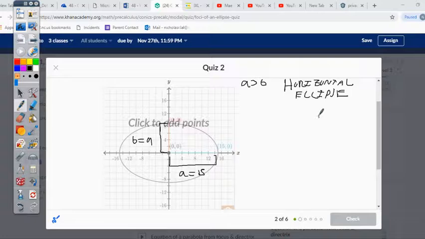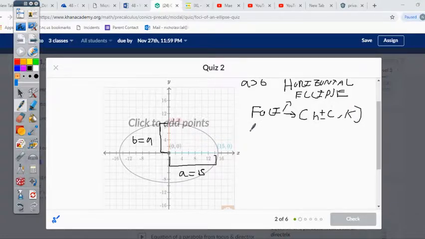All right, and the foci of the horizontal ellipse are going to be H plus or minus C, comma, K.